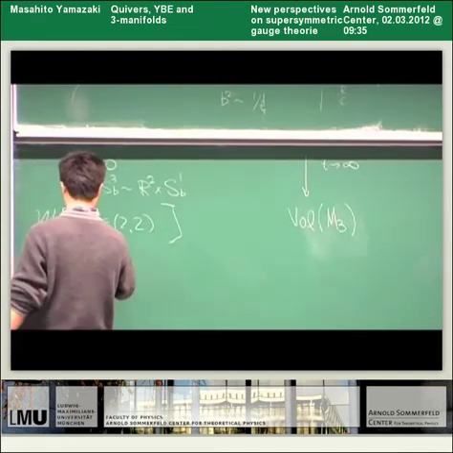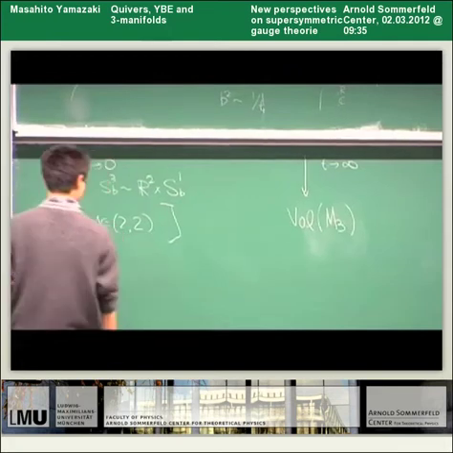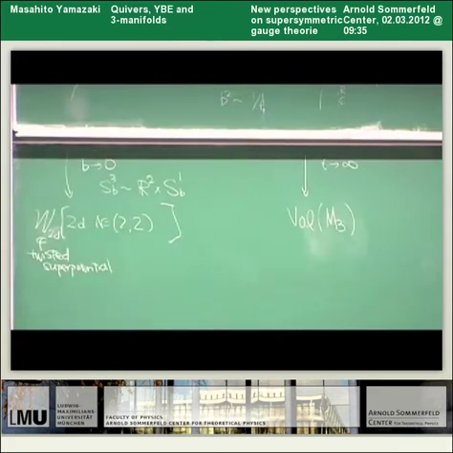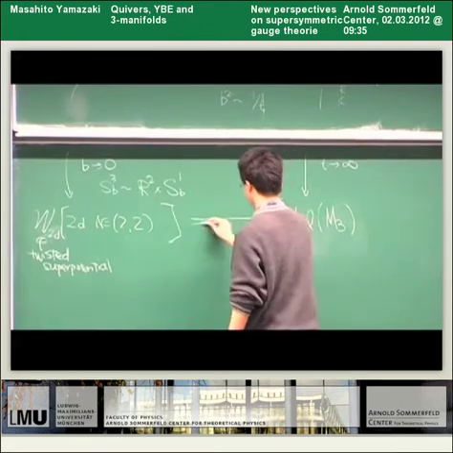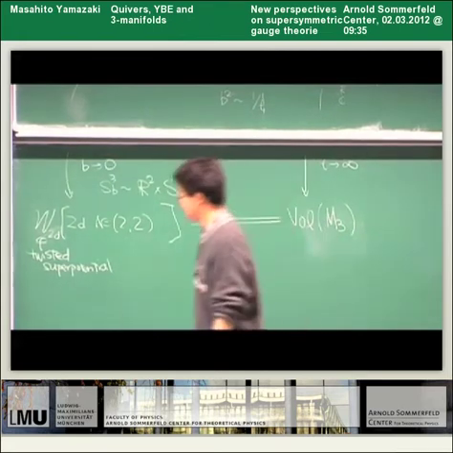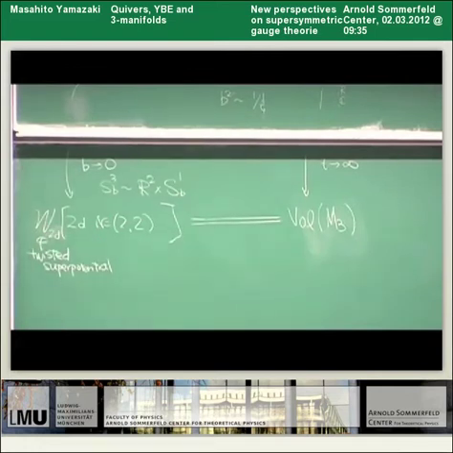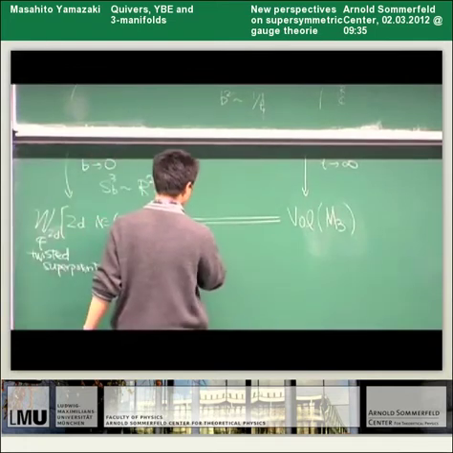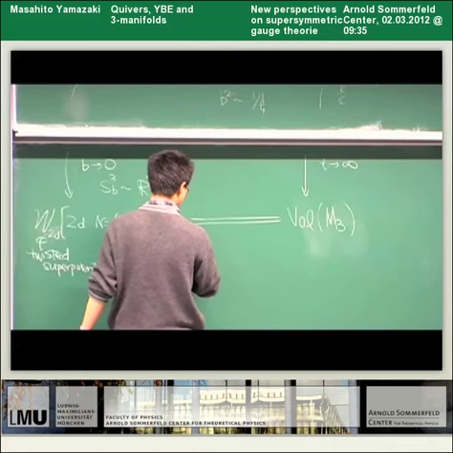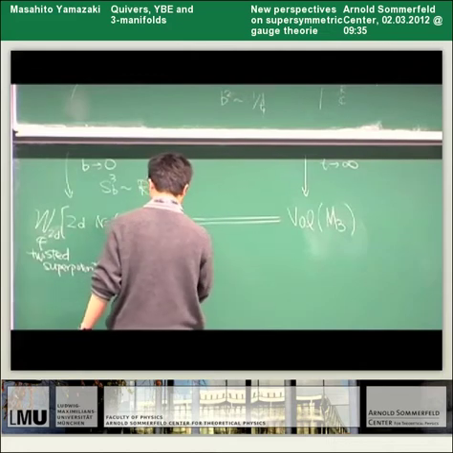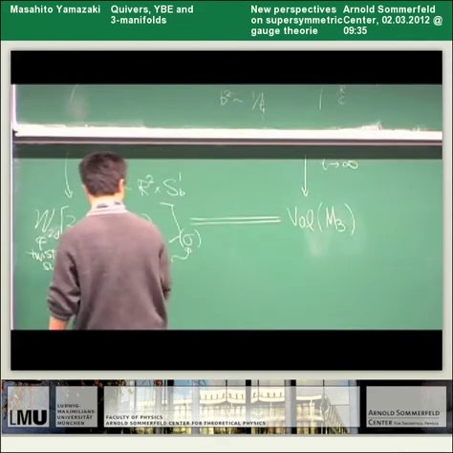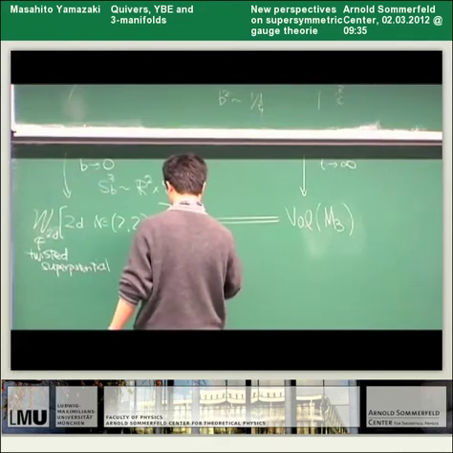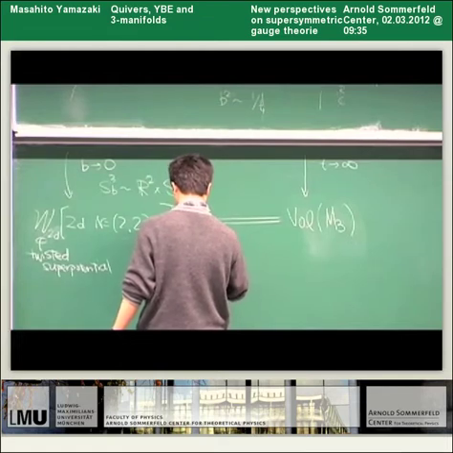Okay, maybe I'm going too slow, but anyway. There's the effective superpotential, the twisted superpotential, and the statement is that these two are the same. Or I can make a more precise statement, which is that this is a function of the vector multiplet scalars, the scalar component of the twisted superfield, defined from the derivative of the vector multiplet scalar.